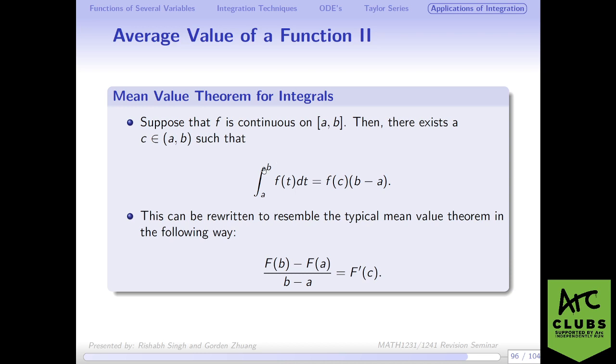And we can connect this to the regular mean value theorem by expressing little f as capital F, where capital F is the antiderivative of little f. So if we express this in terms of capital F, from the fundamental theorem of calculus, we can write this as capital F of b minus capital F of a. And if we move the b minus a over, and little f is just the derivative of capital F, then we can express it as the regular mean value theorem, but in terms of capital F. And so that's the connection between the two.